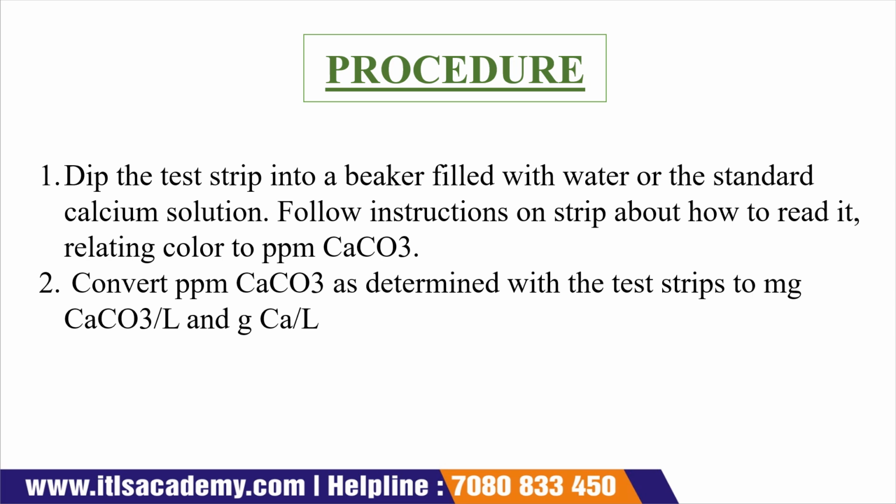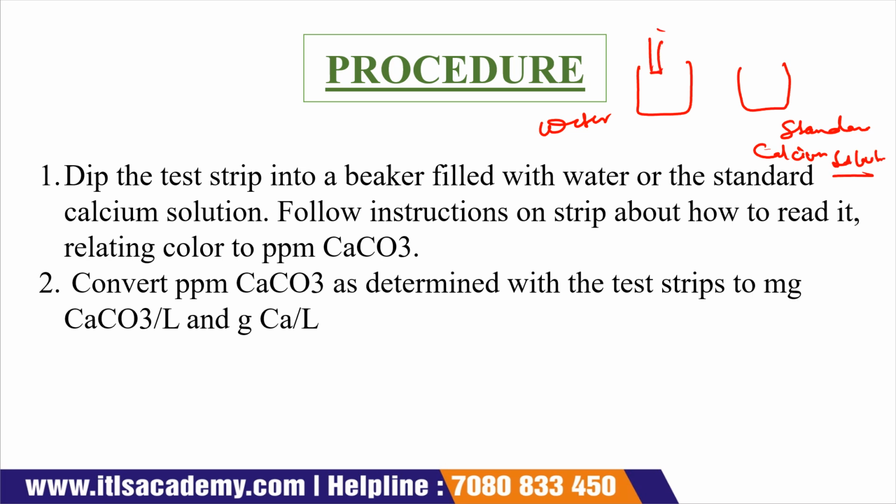Suppose this is your cylinder, in which there is either a water sample or a standard calcium solution. We take a strip and just dip it into it, and we have to follow the instructions already given on the strip, and how to read it according to their color to the ppm.